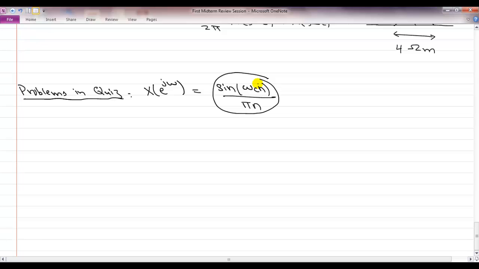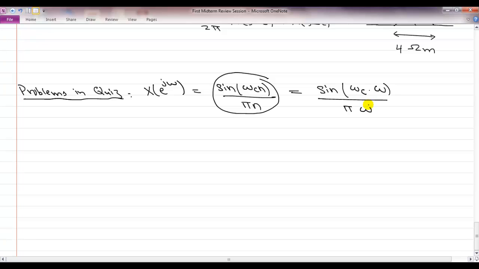The correct thing I should have asked is this: with omega c, which is some constant, times sine of omega c omega over pi omega, is this a valid discrete time Fourier transform? And you don't have to be given the time domain function. This is an invalid discrete time Fourier transform. This function can never be the Fourier transform of any discrete time signal.